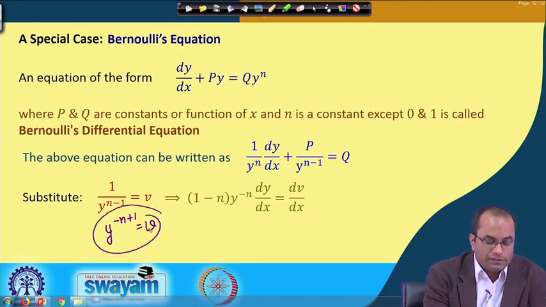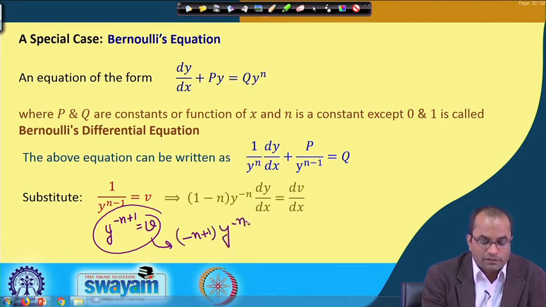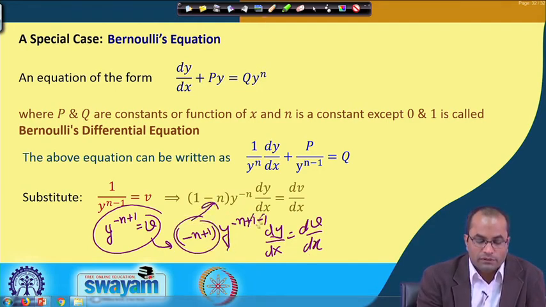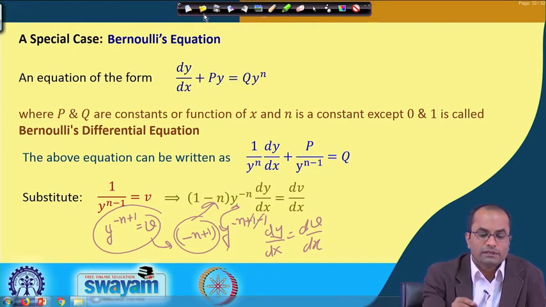So, when we differentiate this, what will we get? Minus n plus 1 and y power minus n plus 1 minus 1, and dy over dx is equal to dv over dx. This is the differentiation here. So, this 1 minus n term is sitting here, and y power minus n is coming here, and dy over dx is equal to dv over dx.